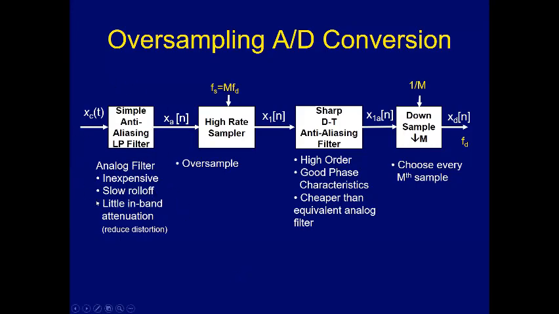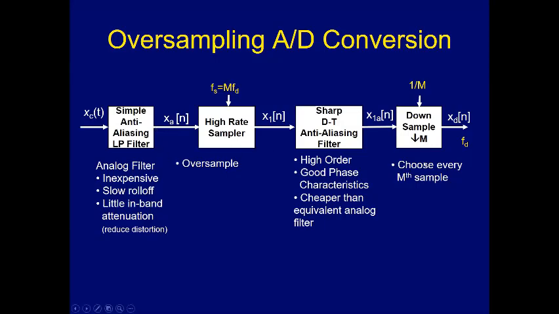We use a simple low-order anti-aliasing low-pass filter in analog form, do our high-speed sampling, so we buy a faster analog to digital converter with enough oversampling to work in conjunction with that inexpensive anti-aliasing filter to give us a very clean signal with no aliasing.